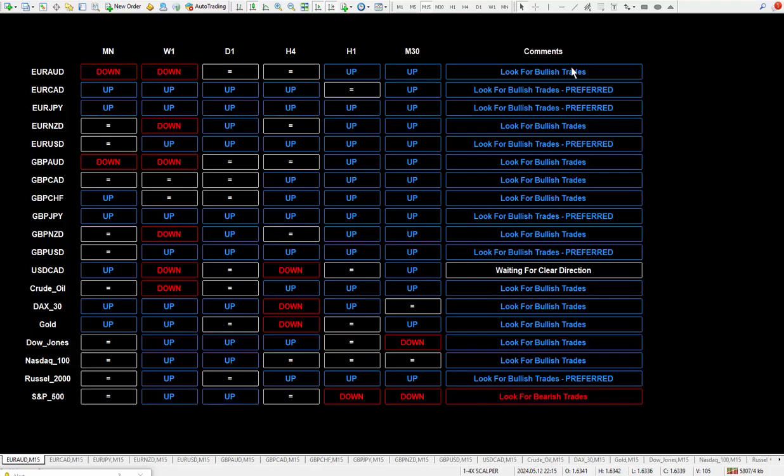And in the comments, after it does all the calculations, it makes suggestions for either look for bullish, look for bearish. Sometimes it's preferred, and sometimes it's waiting for clear direction. Now, if you're trading without some kind of a daily trade plan, well, that's one good reason why you are still struggling.